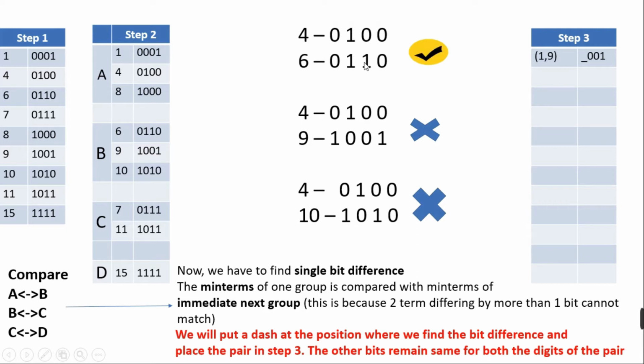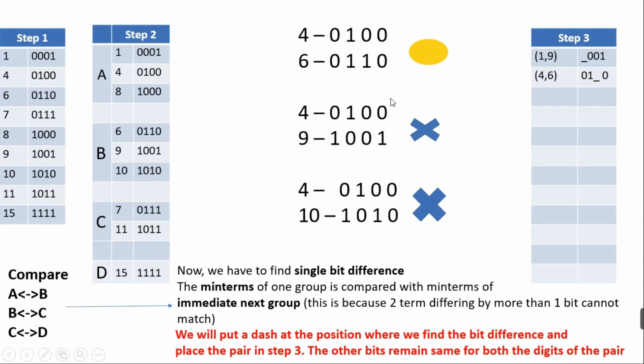There is only 1 bit difference at the third place for 4 and 6, so we're definitely going to consider this pair. For the other pairs, we have found more than 1 bit difference, so we're going to discard them. For 4 and 6, we're going to put them into step 3, and we're going to write the binaries with the dashes.